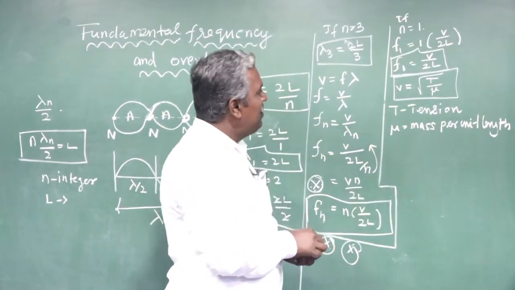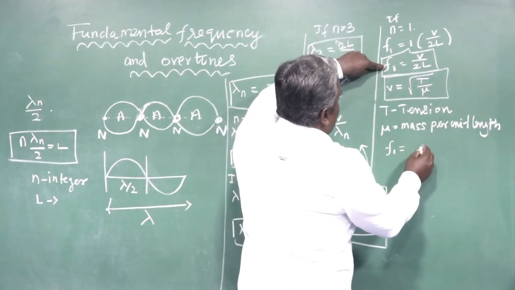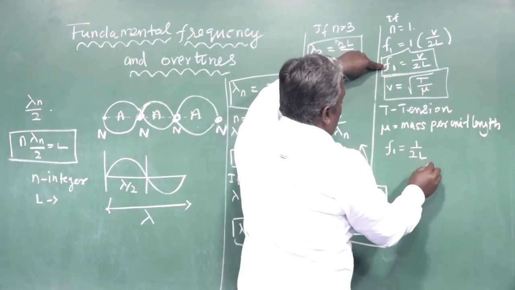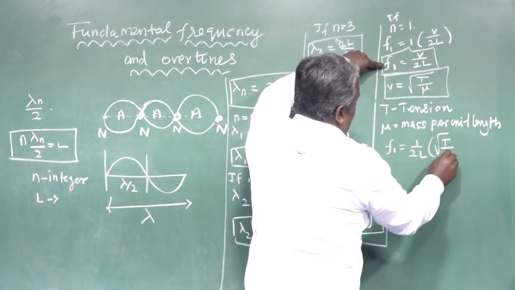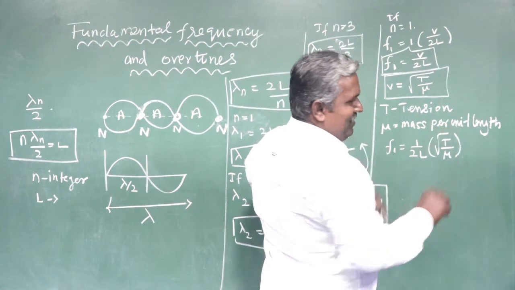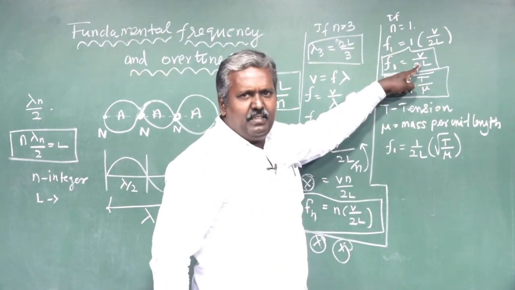Very simple. Now substitute in this formula: f1 is equal to 1 by 2L of v, therefore root of T by mu. So here f1 means the fundamental frequency, right?